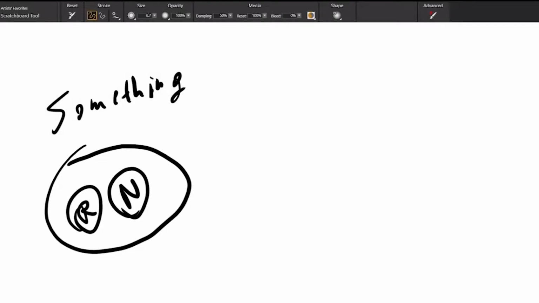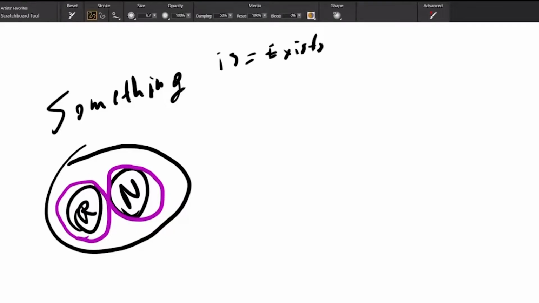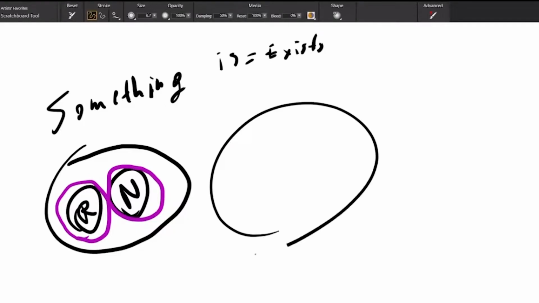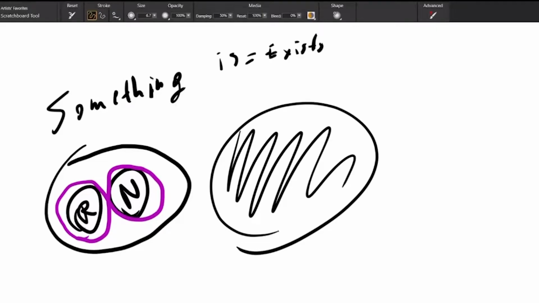Something is their immediate totality, the unity of that total process. And then the way we got something is, well, something is, therefore exists. Therefore, it has the other beside it. And boom, that's how we get the other.